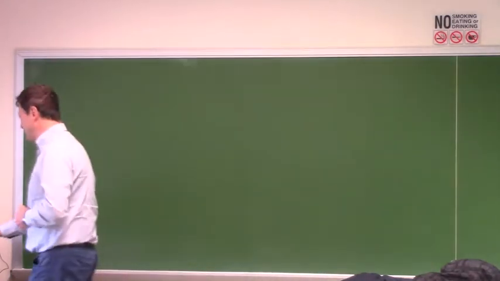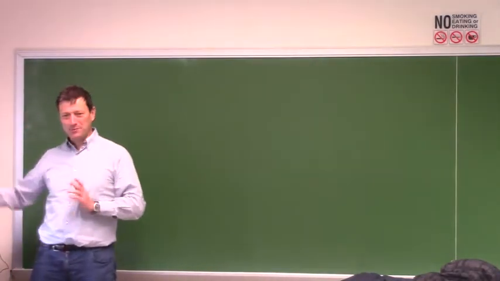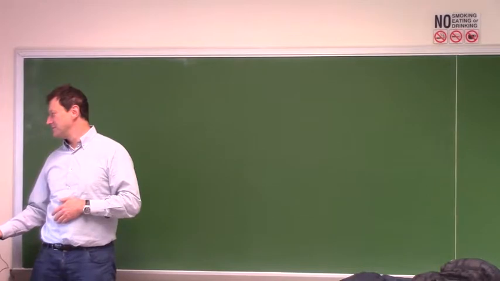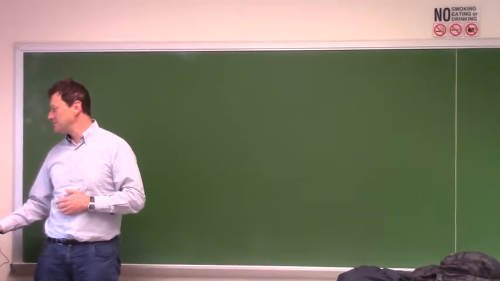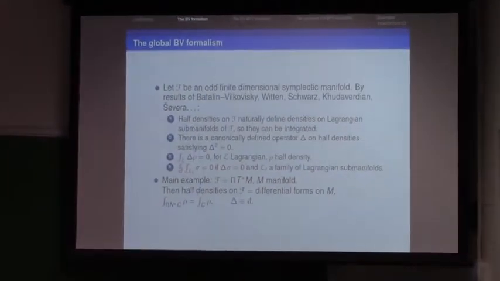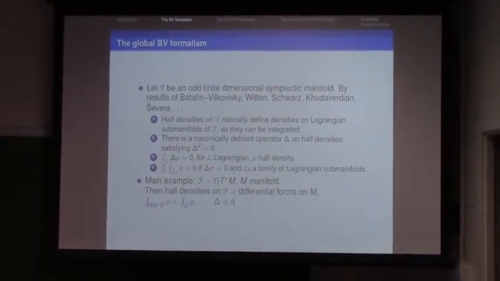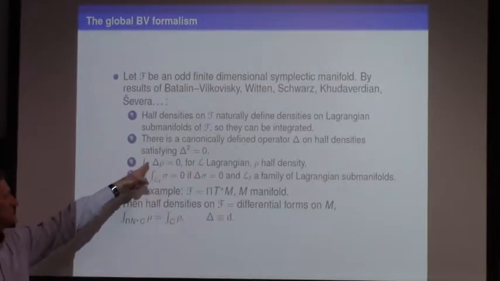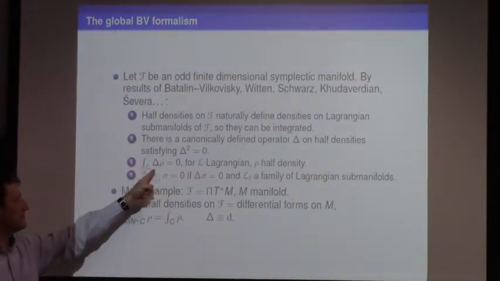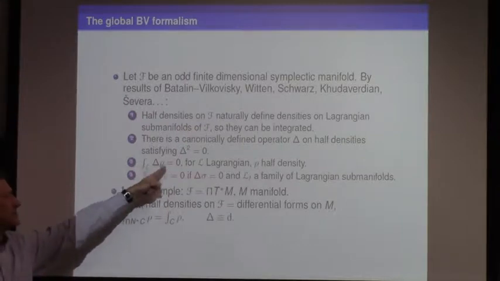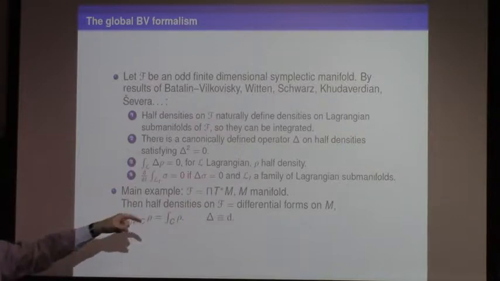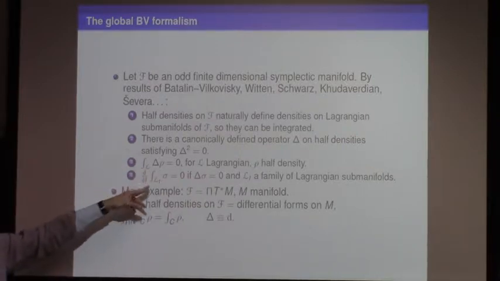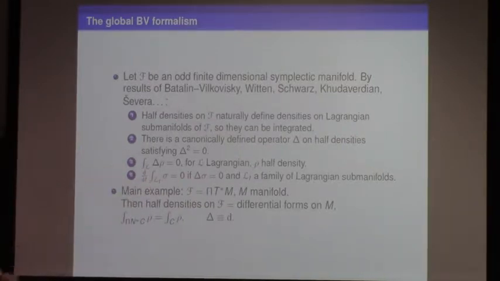Okay. So what I explained yesterday is the BV formalism itself. The important point: in the BV formalism we are on a non-symplectic manifold. There is a canonical operator delta called the BV Laplacian, which squares to 0, and it has these properties: delta-exact half densities integrate to 0 on a Lagrangian submanifold, and delta-closed half densities have an integral that is invariant under deformations of the Lagrangian submanifold.